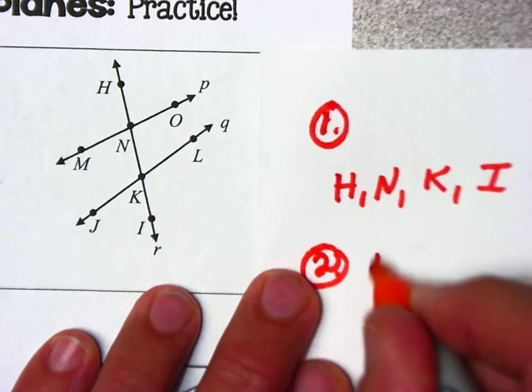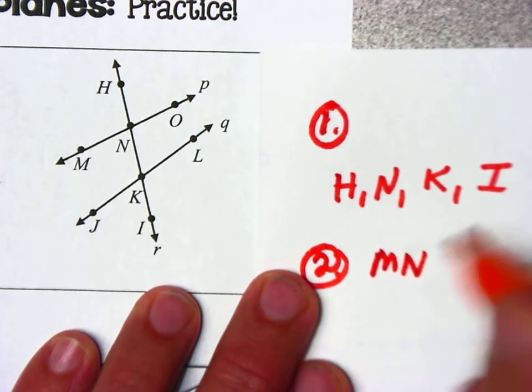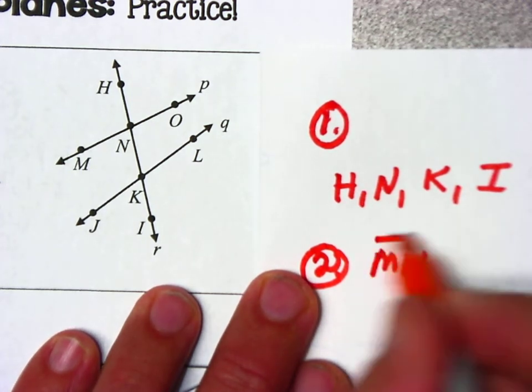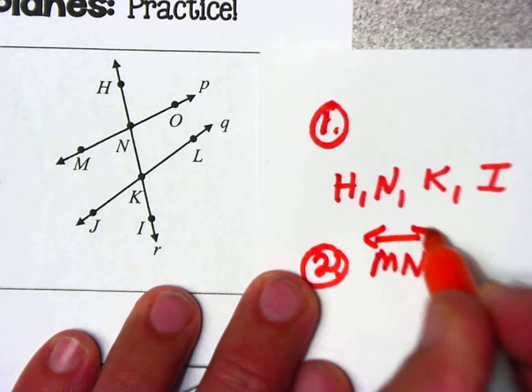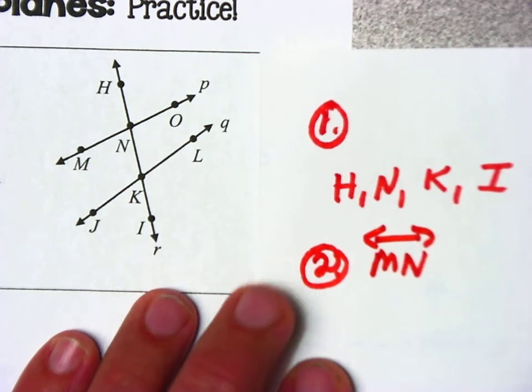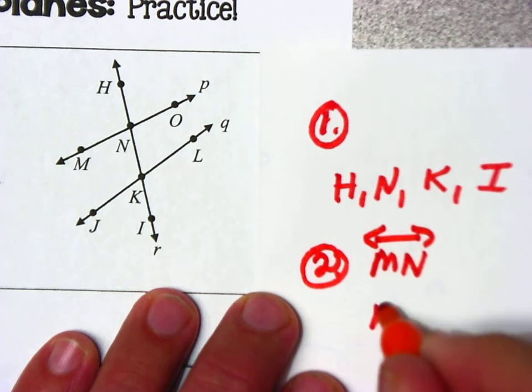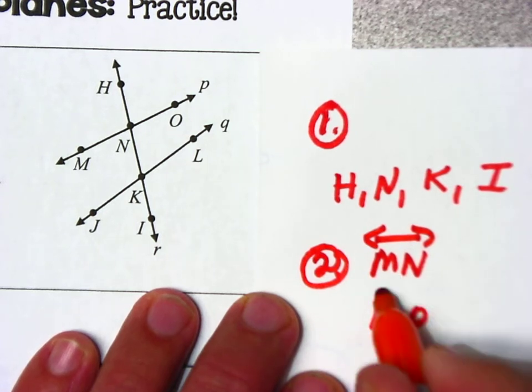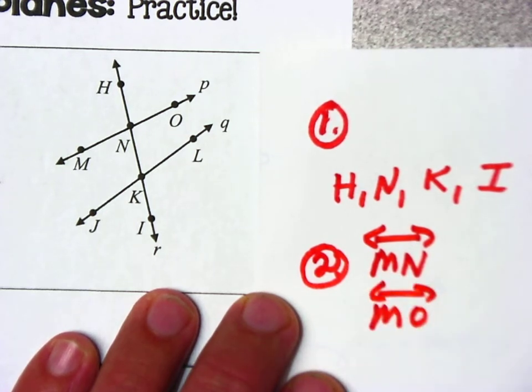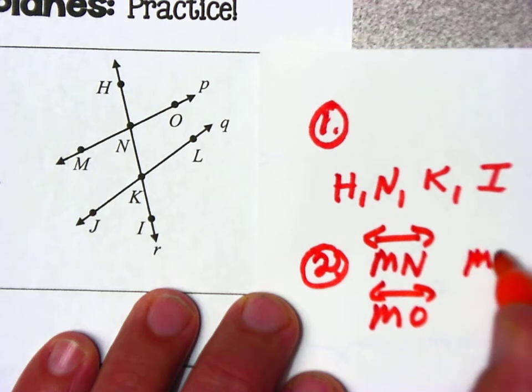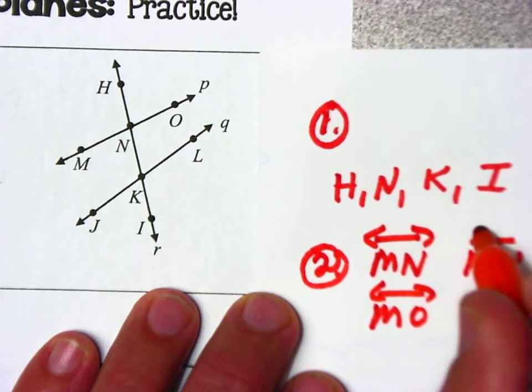I'm just going to stick with M and N, and it says it wants a line, so I'm going to put a double-headed arrow above it. It is not the only answer. If you wanted to put M-O, you could, with a double-headed arrow above it. And then, of course, you can put M-N with a double-headed arrow over it.